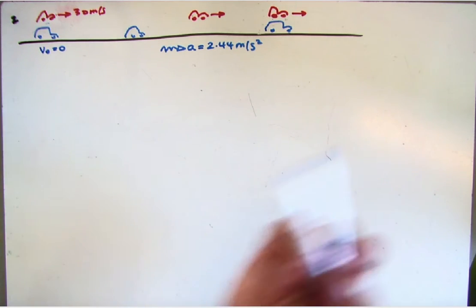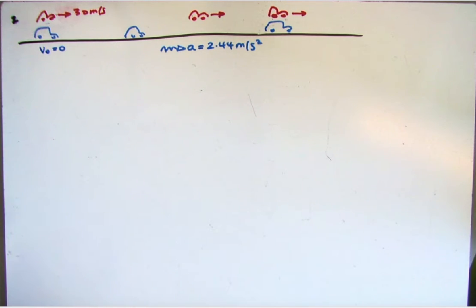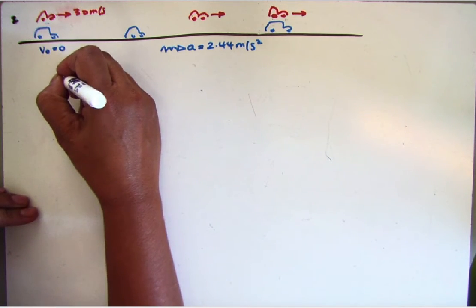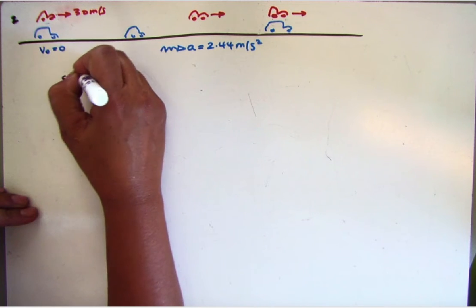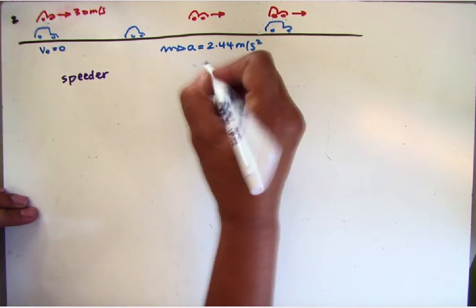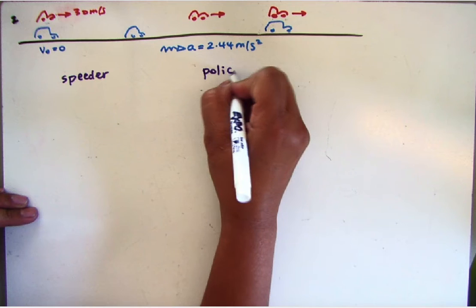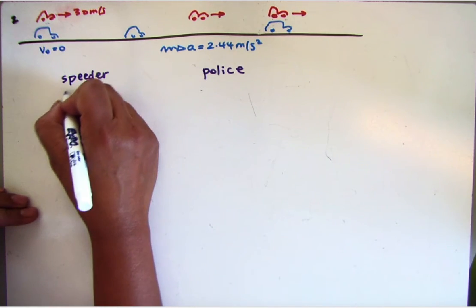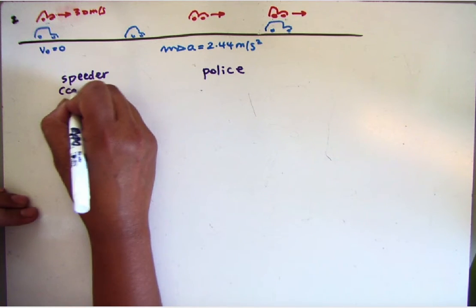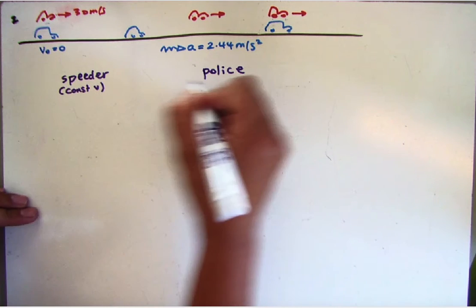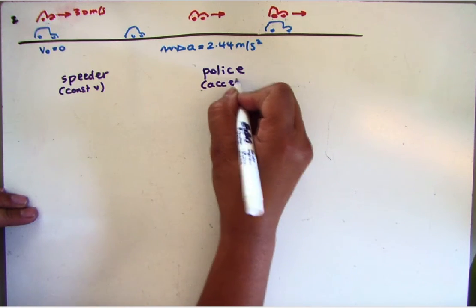So this is a tricky question because, again, we just don't feel like we have enough information. If we plug in everything we know, we know stuff about the speeder, and we know stuff about the police car. So now the speeder is going at constant v, and this police car is accelerating.